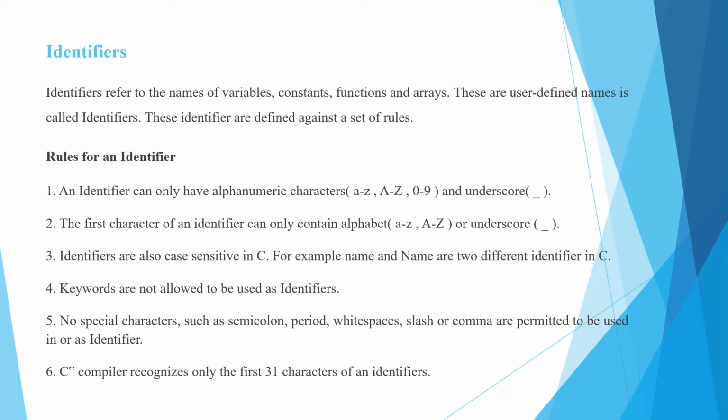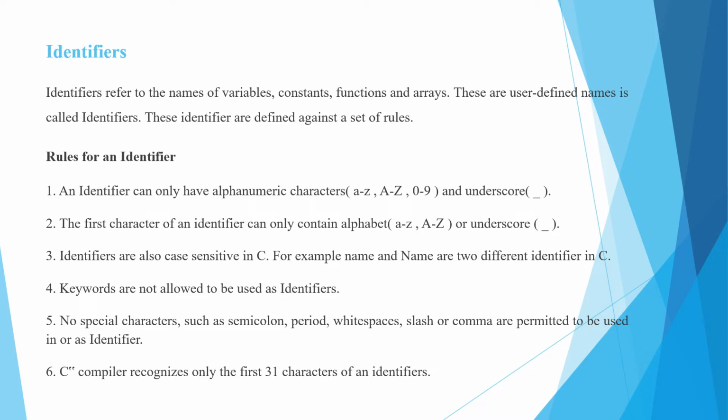Some of the rules for forming an identifier. What are the rules? The first rule is that an identifier can only have alphanumeric characters and the underscore. That is, uppercase letters A to Z, lowercase letters a to z, digits, and underscore.